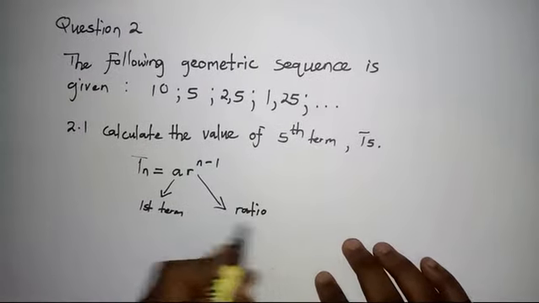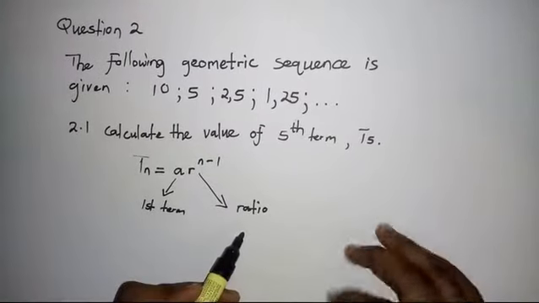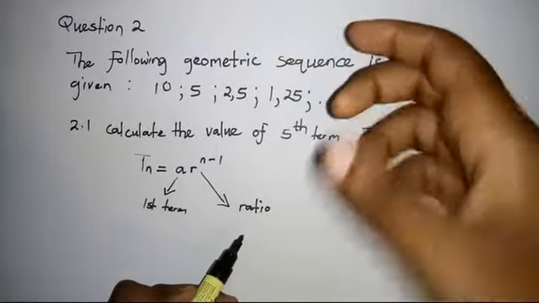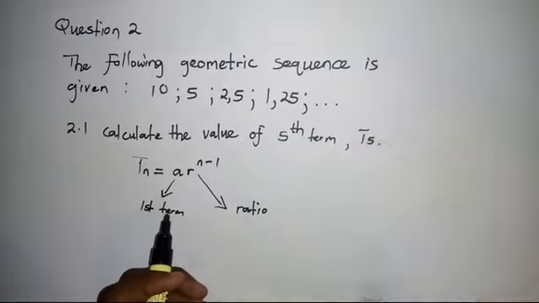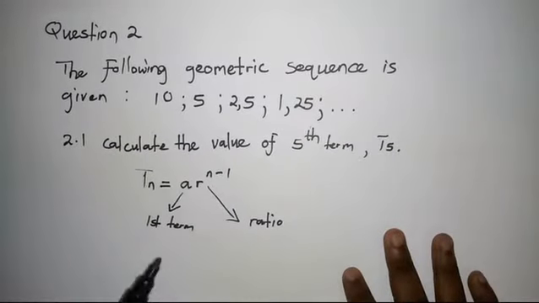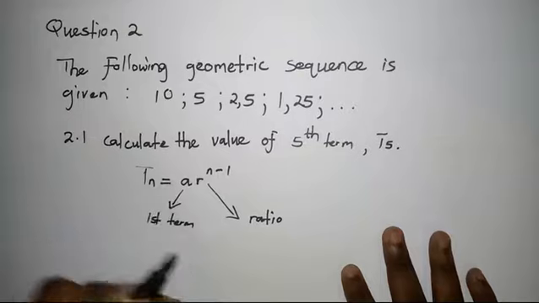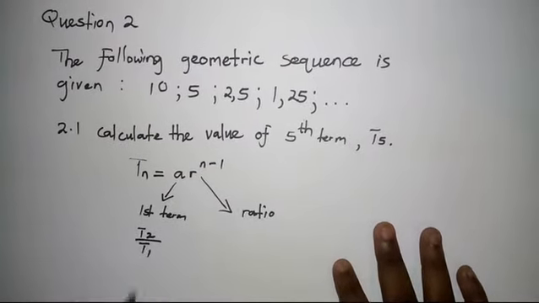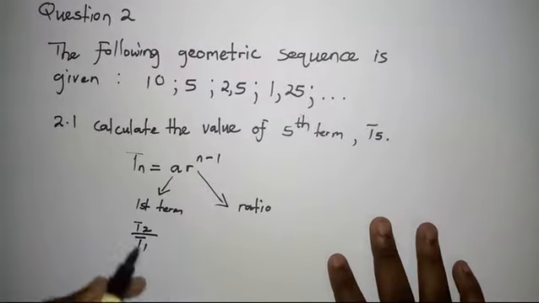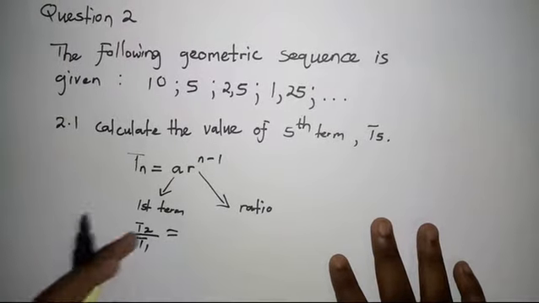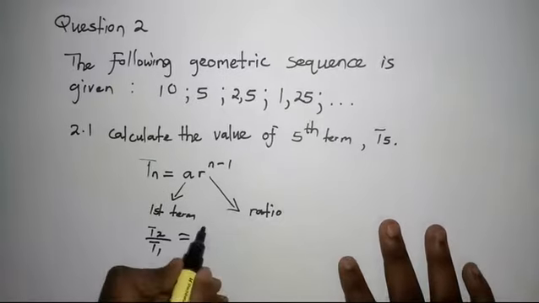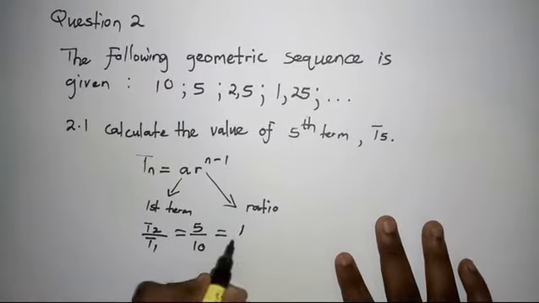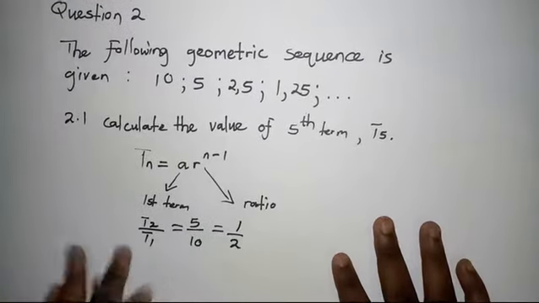To get this ratio, you need to divide a term by the term before it. For example, to calculate the ratio, you can take T2 over T1. If we carry out the calculation, it would be 5 over 10, so the ratio is 1 over 2, which is a half.